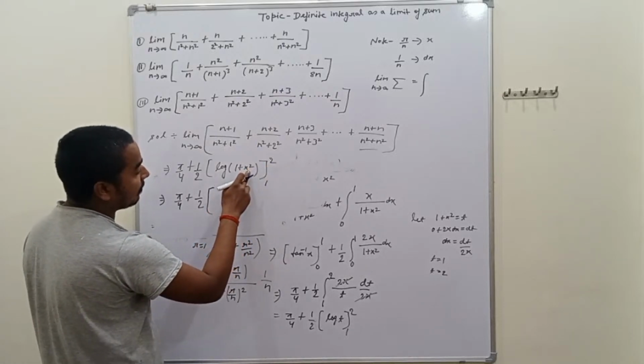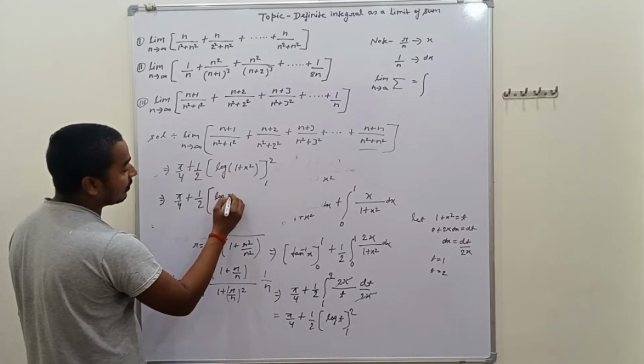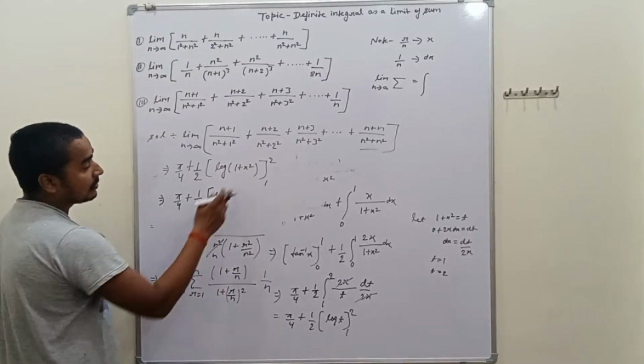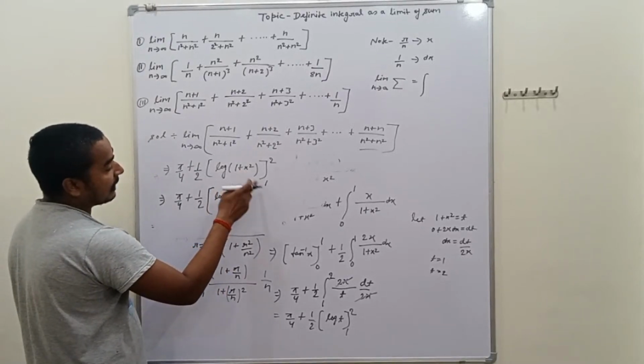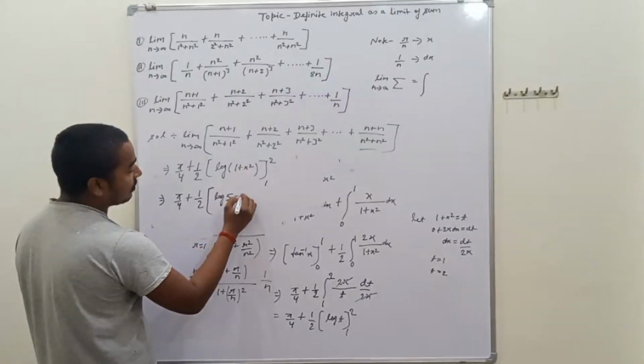that is 2 square is 4, so log of 4 plus 1 is log of 5, and we have to put the lower limit, that is x is equal to 1, 1 plus 1 is 2, that is log 2.